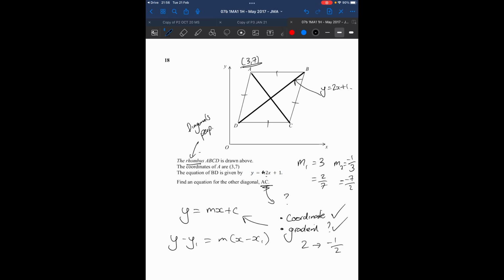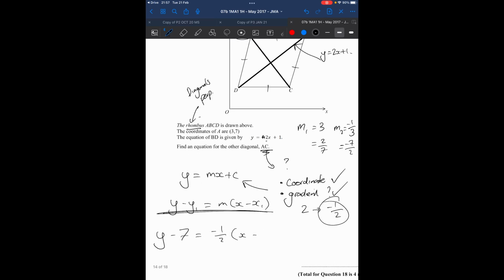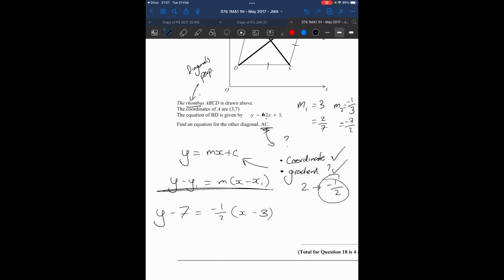So I've now got the gradient. Using minus a half and using 3, 7, I'm going to write it in this format here. So y minus 7 equals minus a half of x minus 3 is the equation of this line. And I'm going to do a little bit more work on this now.